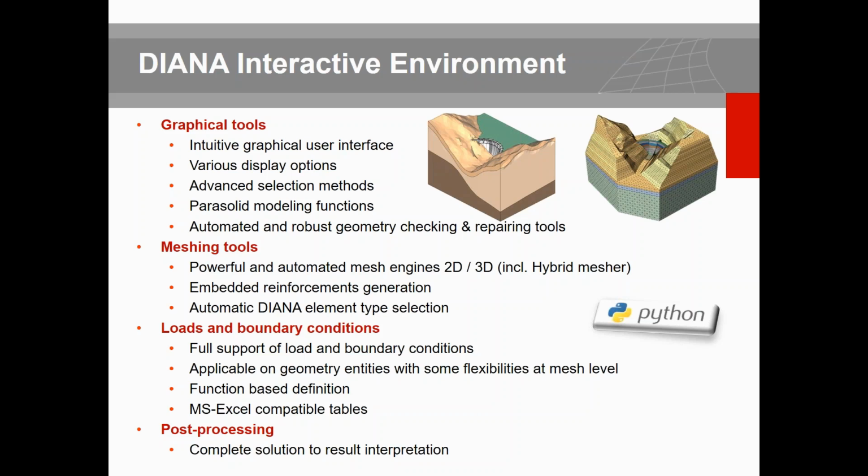We have adapted that, and basically you can use hexadominant or tetradominant or quad dominant for meshing your model. For load and boundary conditions, we offer a huge range of loads and boundary conditions that are applicable over the various types of geometry. Could be surface, edge, point, load, body, and also all the information which can be exchanged or interacted with Excel in a tabular format can be nicely communicated through the corresponding dialog box in Dana.